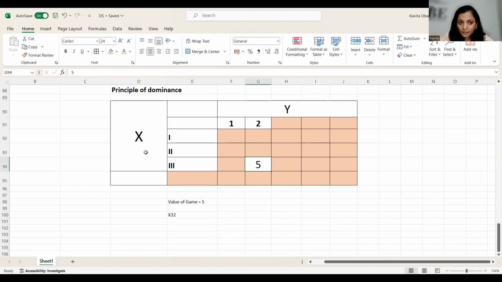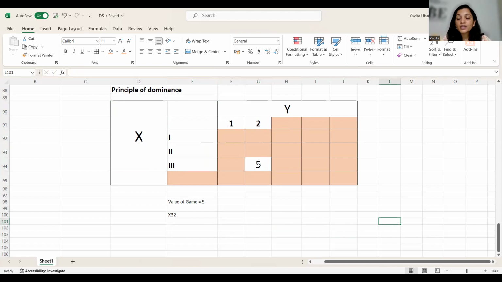This is a saddle point when X uses the third strategy and Y uses the second strategy. Then the value of the game will be equal to 5. So the optimum strategy for X is the third, and the optimum strategy for Y is the second.